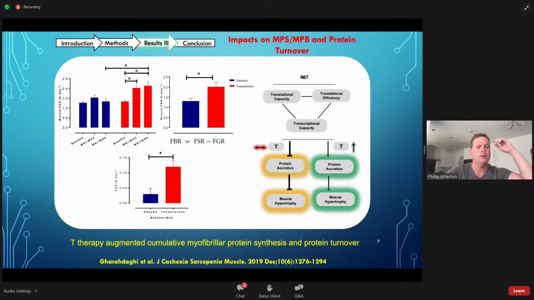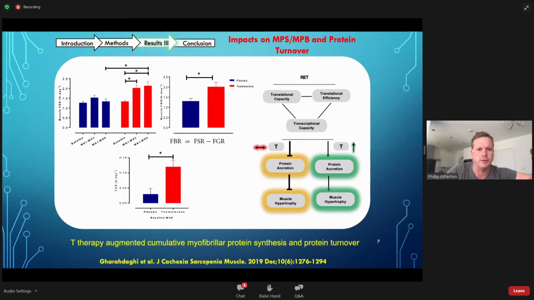Using the D2O approach, and again just to simplify in the interest of time, week 1 to 3, week 1 to 6, I wouldn't worry too much about. By taking biopsies sequentially at different times during the intervention trial, we're able to capture windows of synthesis rates using this approach.